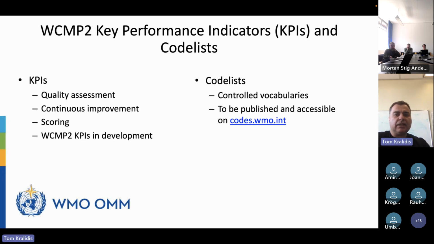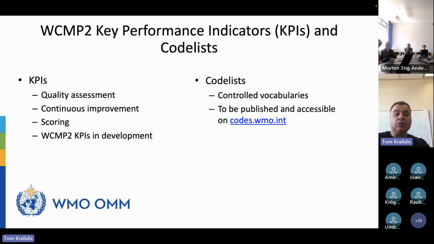With that, that's a high-level view of the specification. The specification will also have code lists or controlled vocabularies. Those are key for the themes and concepts, or the keywords. And we also have the key performance indicators. While you can have a WCMP2 record which is compliant, we will also have KPIs to be able to score your metadata, provide a ranking and provide suggestions on how to improve it.